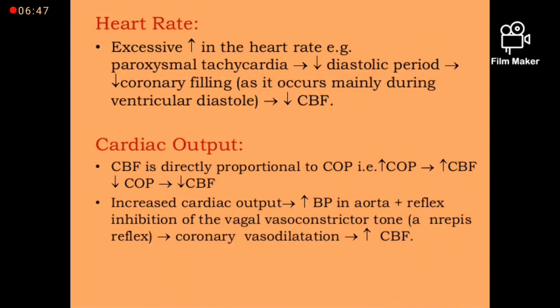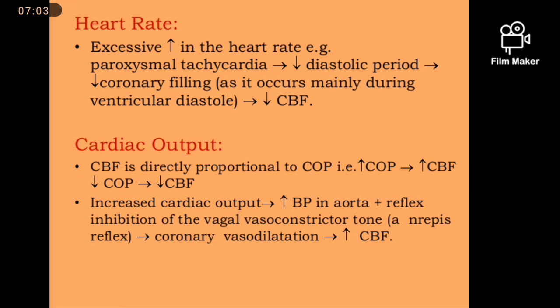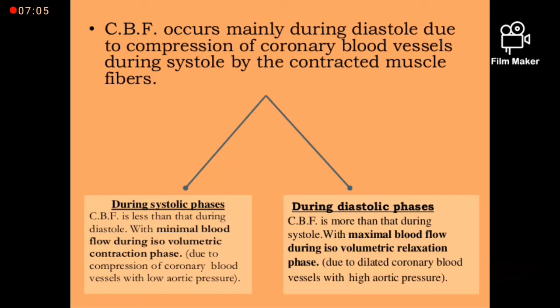Now heart rate: excessive heart rate gives a feedback mechanism. In tachycardia, the diastolic period is decreased, so coronary filling occurs during ventricular systole. Here you can see a flow chart of how the feedback mechanism occurs.